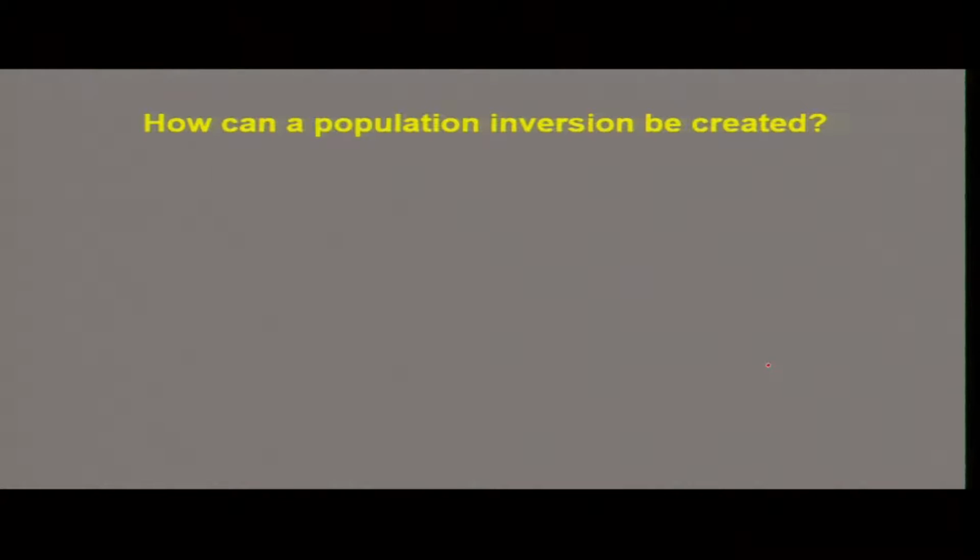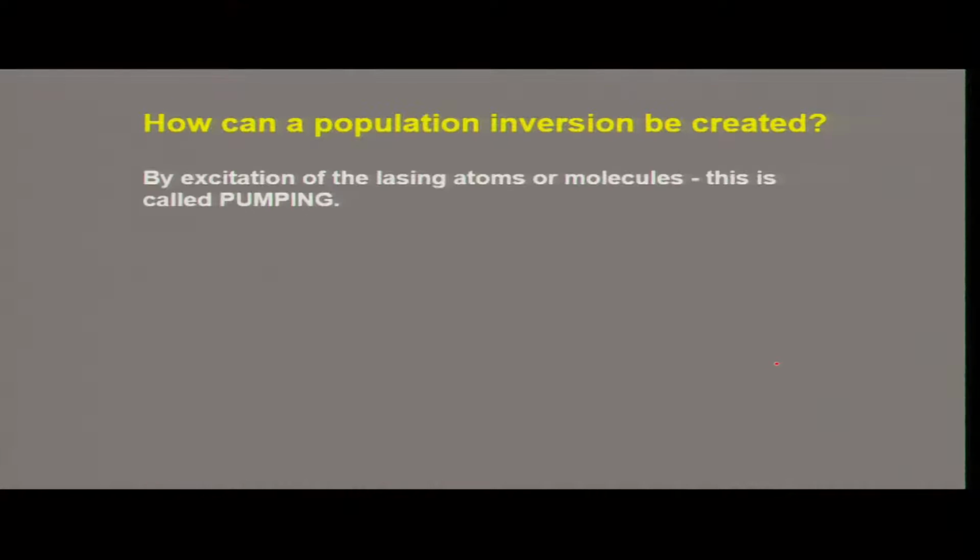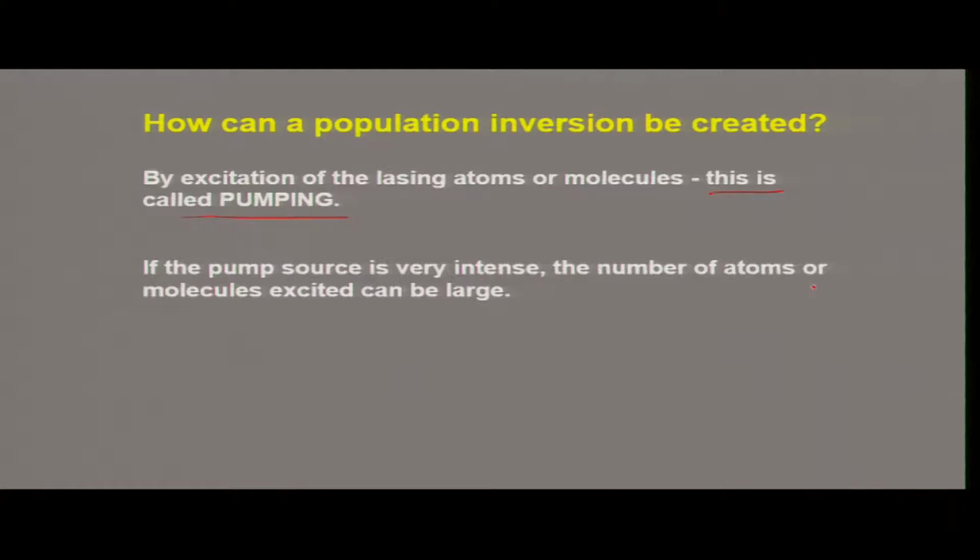So, we can ask the question of how a population inversion can be created. One way of looking at it is by exciting the laser atoms or molecules, and this process is called pumping. If the pump source is very intense, the number of atoms or molecules excited can be large.